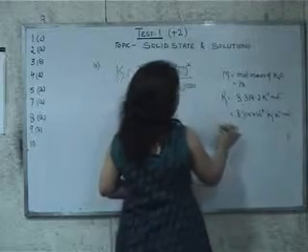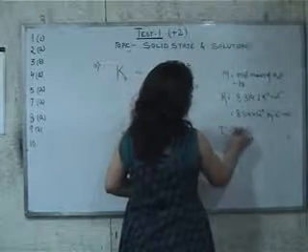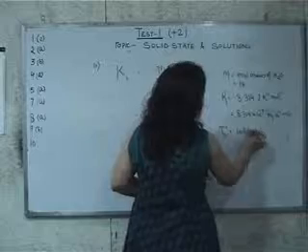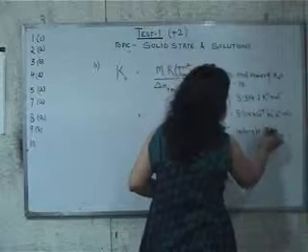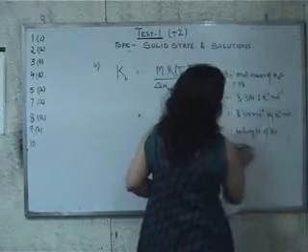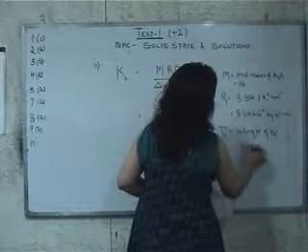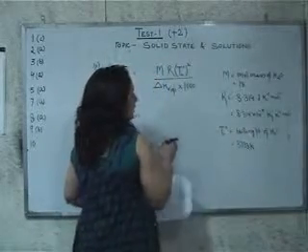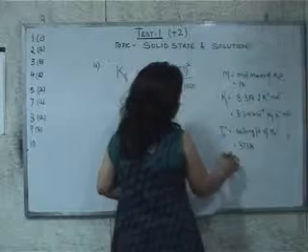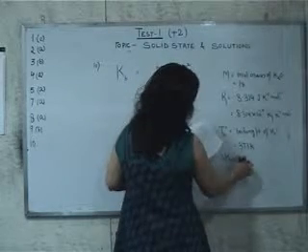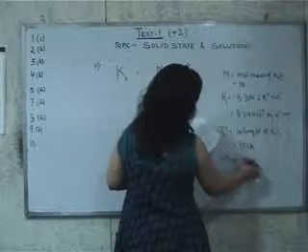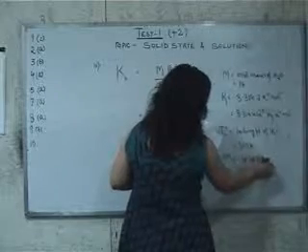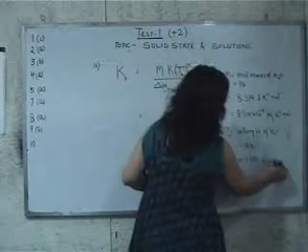Now we have Tb naught, the boiling point of water, which is 373 Kelvin, a constant. Delta H vaporization is given as 40.685 kilojoule per mole.